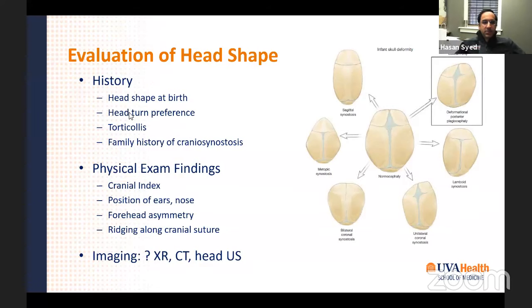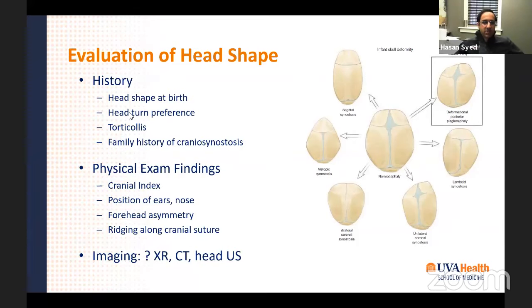So, just talking about evaluation of head shape and going through some cases. This is one of the more common things that one sees in a pediatric neurosurgery clinic. Evaluating head shape, there are key history points to make: what was the head shape at birth? Was it abnormal at birth? That could be a sign of premature fusion of the sutures, versus positional plagiocephaly, which is flattening on one side that develops over time due to head turn preference.